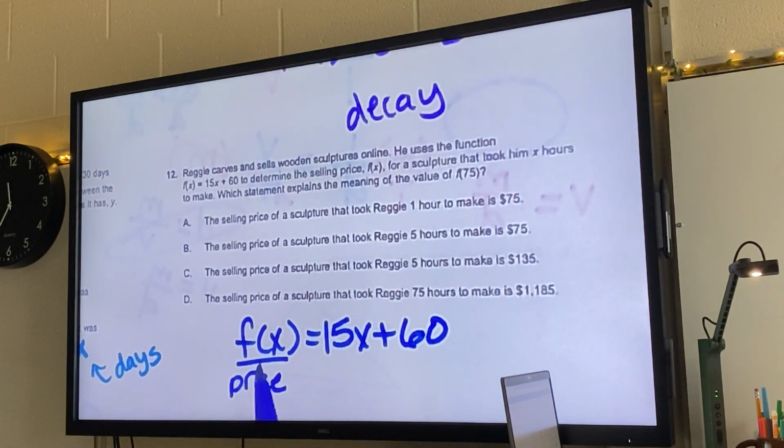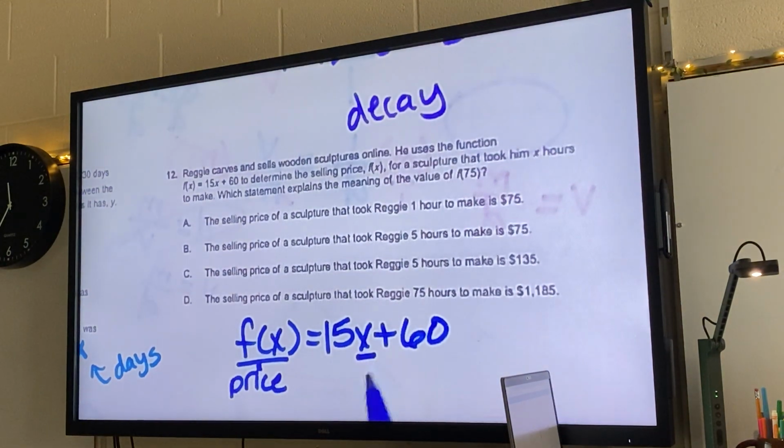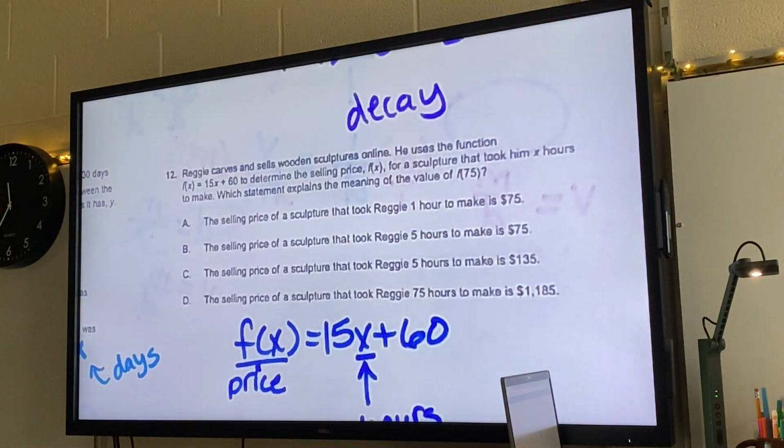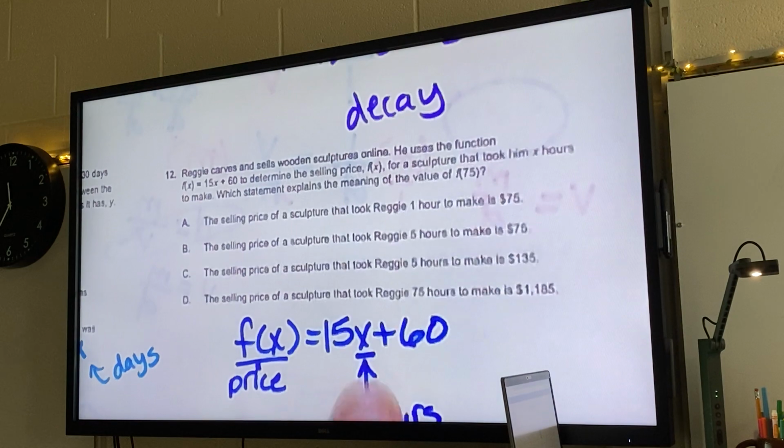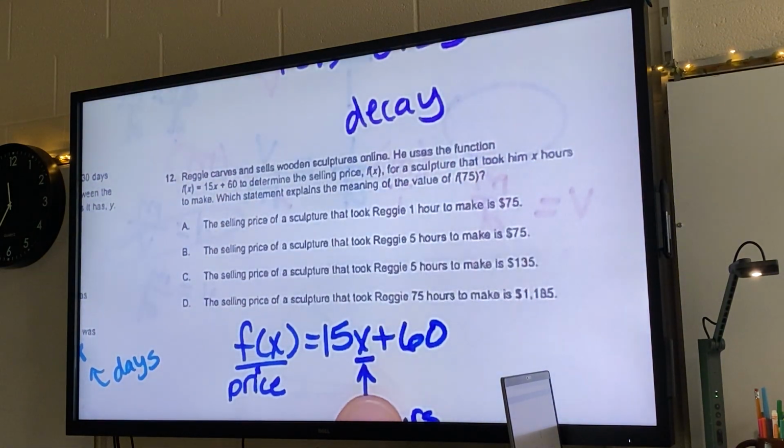So your output is the price for a sculpture that took him x hours. So x is independent, that's your domain. We input hours and we know how much Reggie's gonna charge for that wood sculpture. What kind of function is this? Right, it's linear.